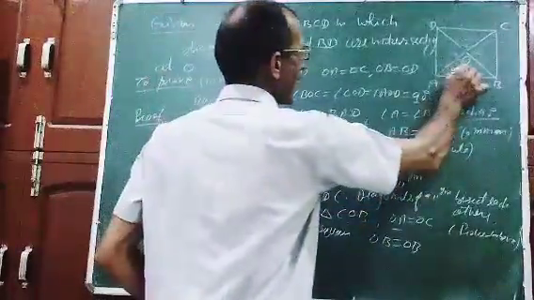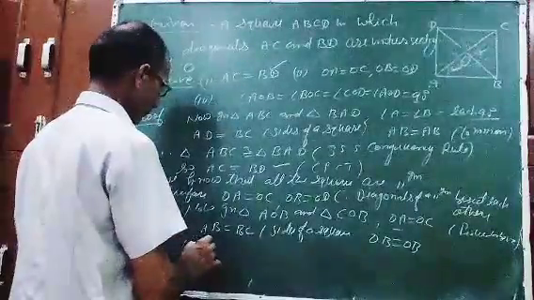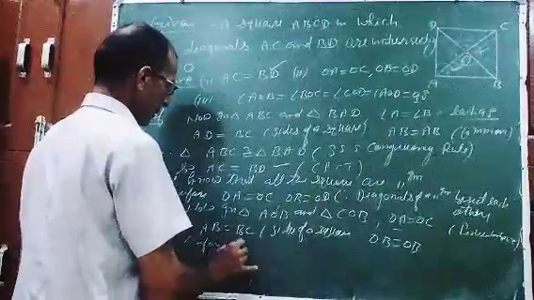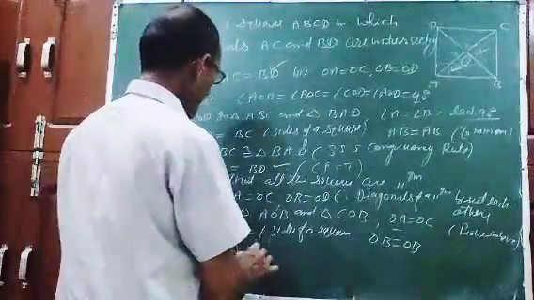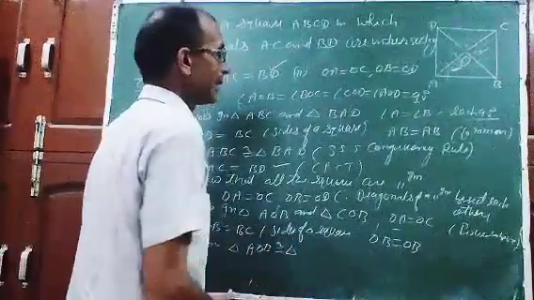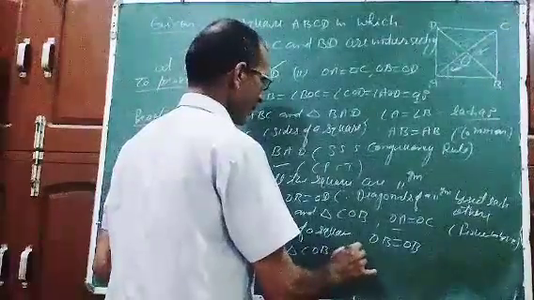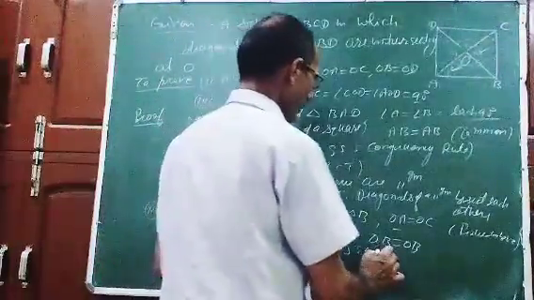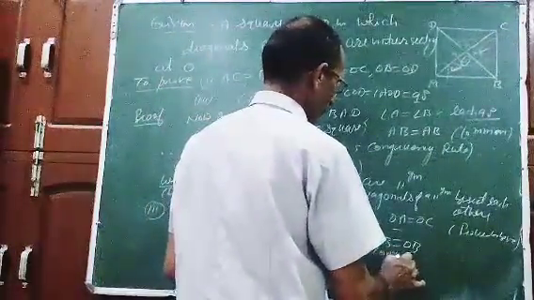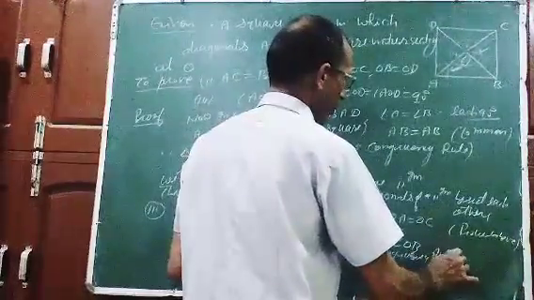It means this triangle is congruent to this one. Therefore, triangle AOB is congruent and similar to triangle COB, side side side congruency rule.